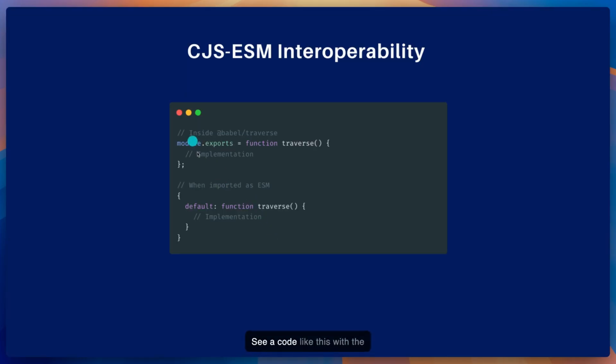Actually, code like this with the module.exports is wrapped into an extra property, default. That's why Traverse doesn't work directly as expected. We are actually trying to call the object, not the function inside it.